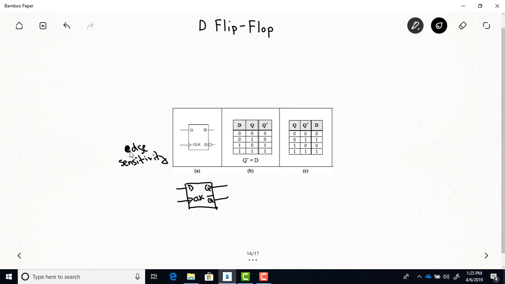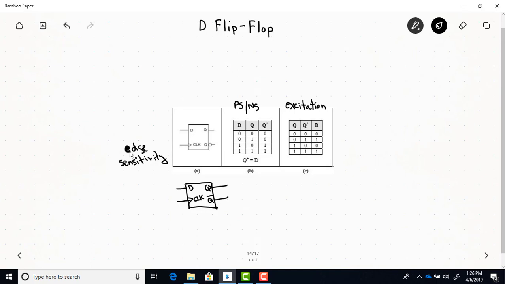These tables describe the behavior of the D flip-flop. This table here is the present state, next state table, and this table here is called the excitation table. They both provide the same information. It's just two ways of looking at the same results.